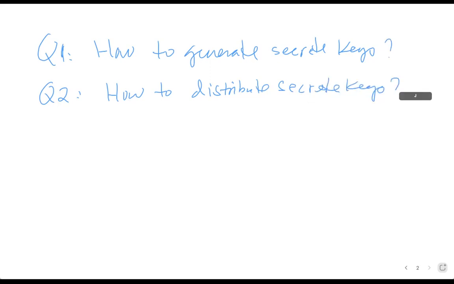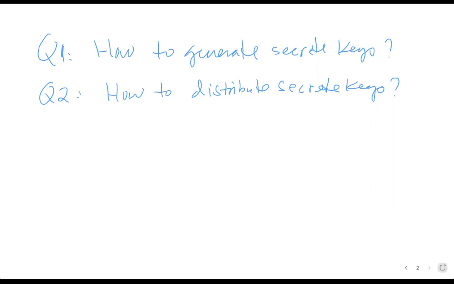Right. So you generate secret keys. I want to encrypt a message and send it to you. Now, how do you know which secret key to use? How do I send my secret key to you? So that's a question, right? So obviously I need to encrypt my secret key too. Now, in order to encrypt something, you've got to have a prior shared secret, but in network communications, we cannot assume that happened, right?